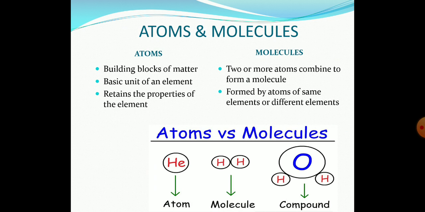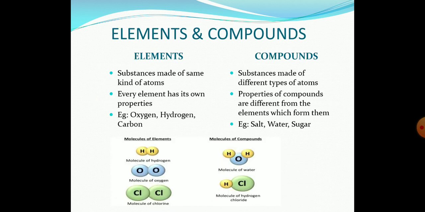Two hydrogen atoms combine together to form a molecule, and if hydrogen combines with one oxygen, it will form a compound. That is, atoms of different elements will form a compound. When atoms of the same element are combined, they form a molecule.